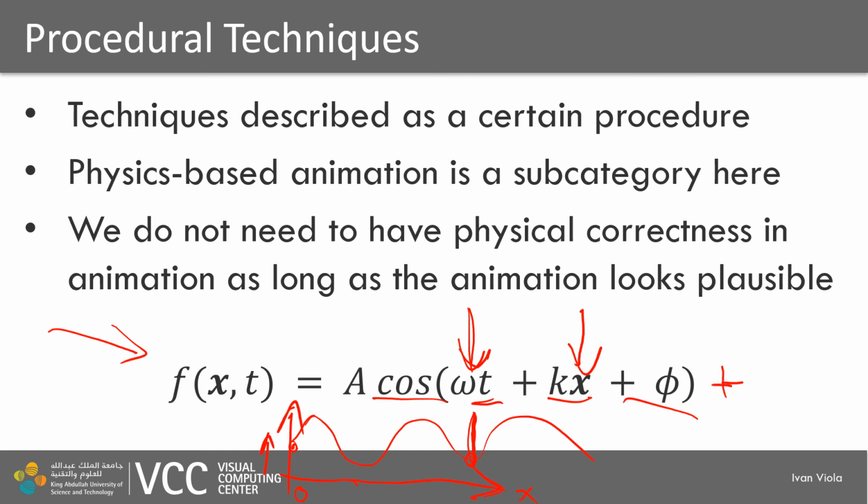Here could be some C value, so that we do not have negative values. And then we have some kind of magnitude of our wave, which defines the height of the wave, so to say. And if we perform this animation and change the parameter t from 0 to 1, let's say, we can observe how this results in an animation of the wave.